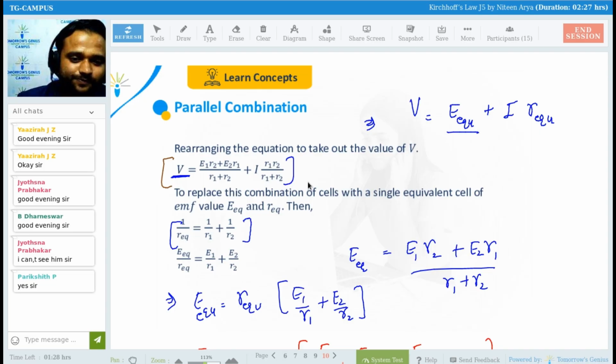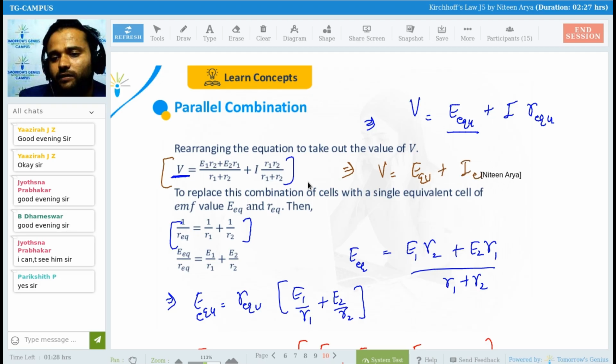This is the net voltage V. This is your E equivalent and I plus R equivalent. So obviously, if E equivalent is lesser than V, it may be larger, because the current is going to flow through this also. So V is E equivalent plus I R equivalent.